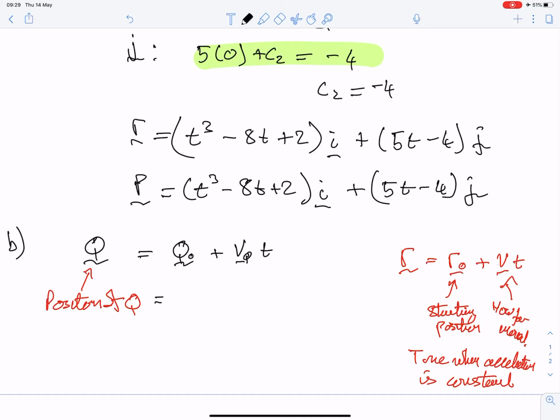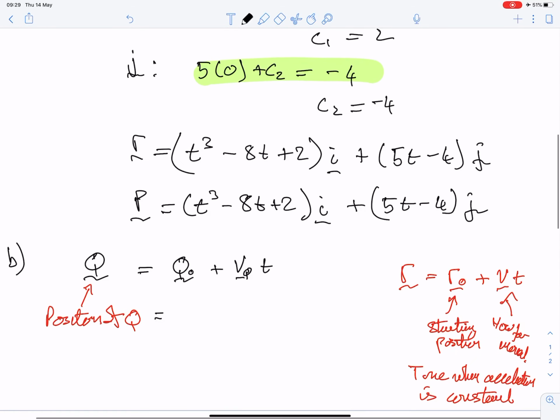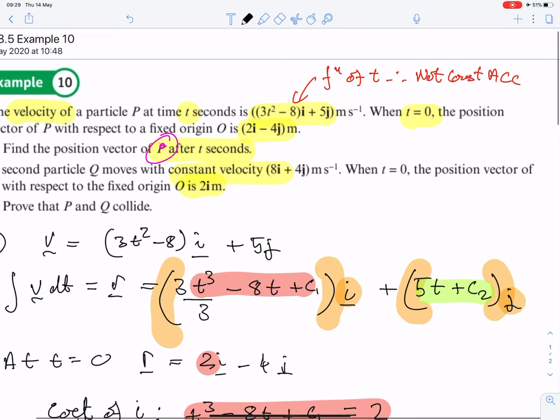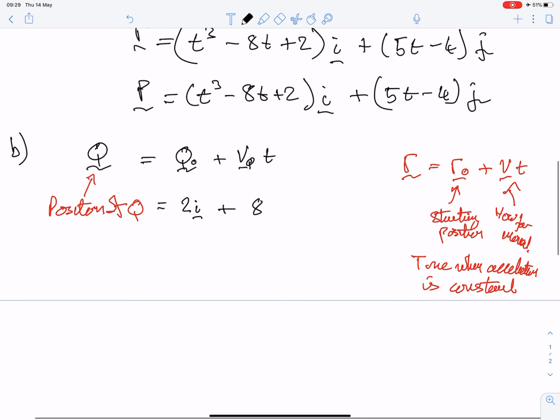Okay, so q naught, its starting position from the question, was 2i. So that's 2i plus how far it's moved, which is 8i plus 4j, so 8i plus 4j lots of t.